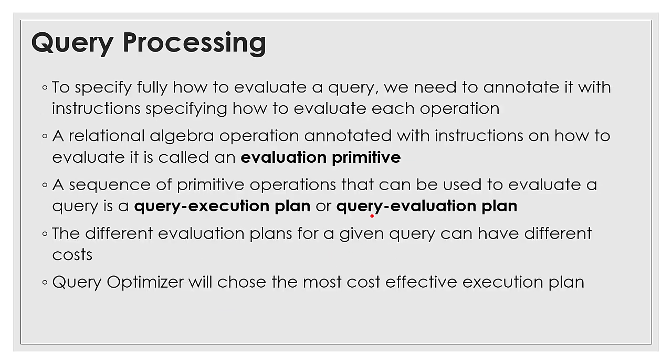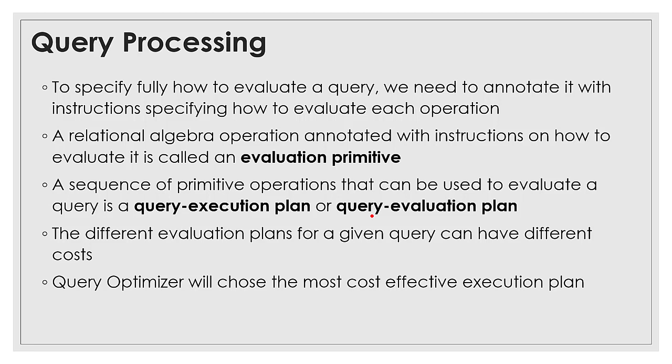Now the relational algebra is not enough to tell you how to evaluate the query. We need to annotate it with instructions specifying how to evaluate each operation. We are going to discuss this. Now, a relational algebra operation annotated with instructions on how to evaluate it is called an evaluation primitive.